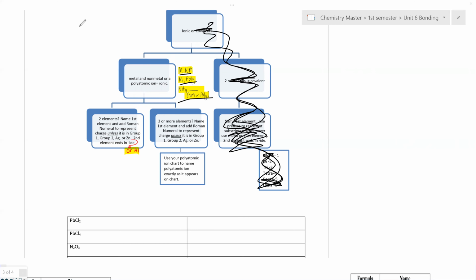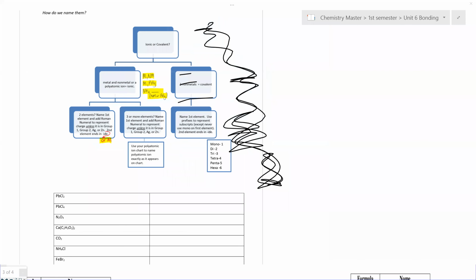So with 2 elements, name your first element. We'll talk about adding a Roman numeral if it's not in group 1, group 2, silver, zinc, or aluminum. And then if it's 3 or more elements. Let me scroll so you can see the practice ones we can do.